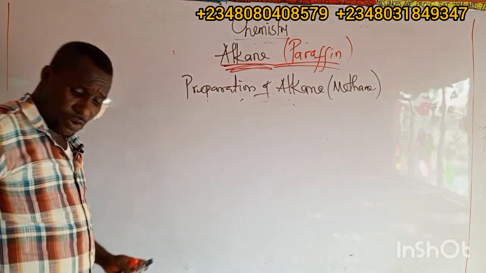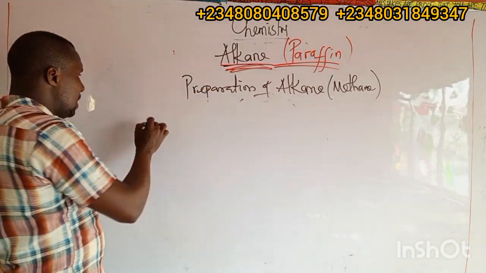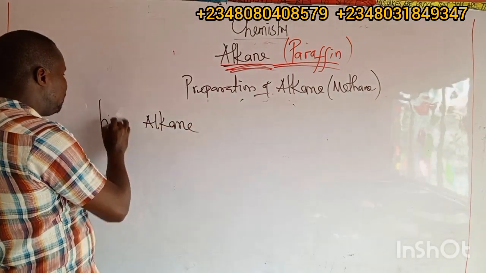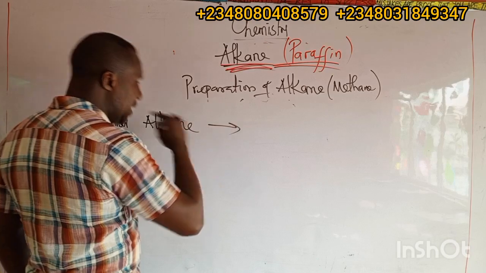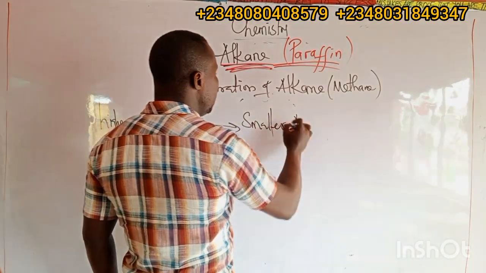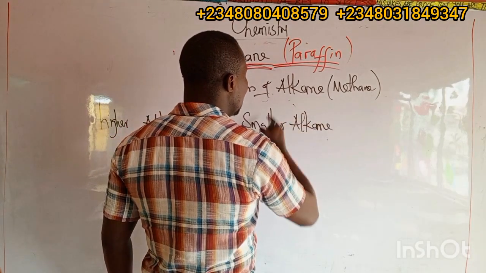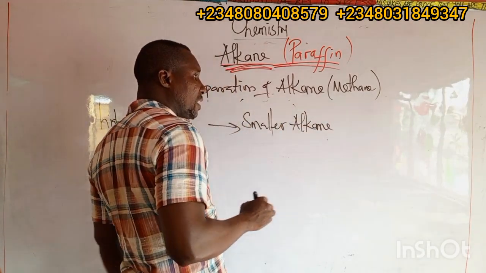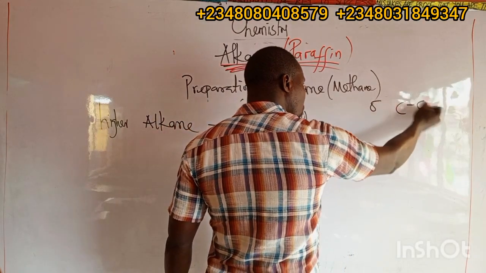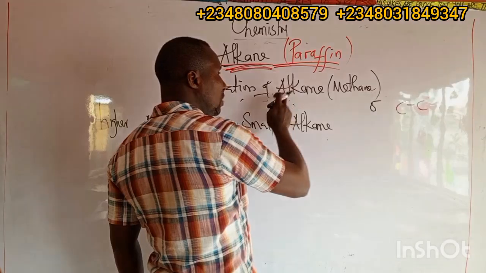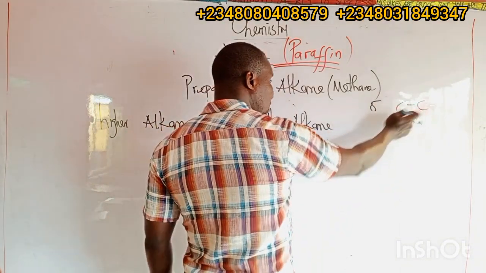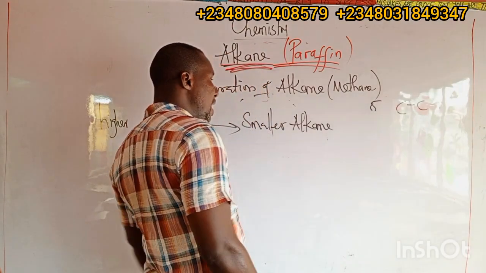When you have cracking of higher alkane, it will give you smaller alkane, which is saturated. I told you alkane is saturated because of sigma bond electrons, which means the single bond between the carbon atoms.